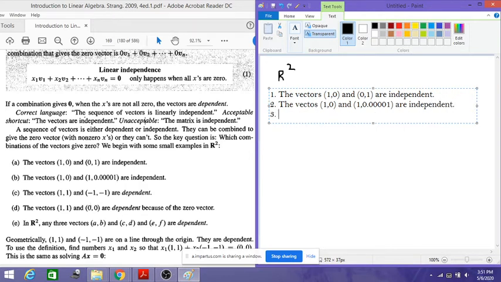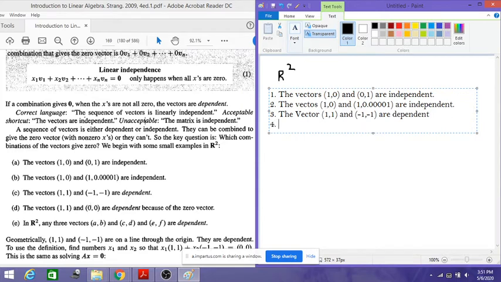The third kind of vector is the vector 1, 1 and -1, -1, so these are dependent because they lie on the same line. 1, 1 is in the first quadrant, -1, -1 will come in the third quadrant. It means it forms a line and passes through the origin.